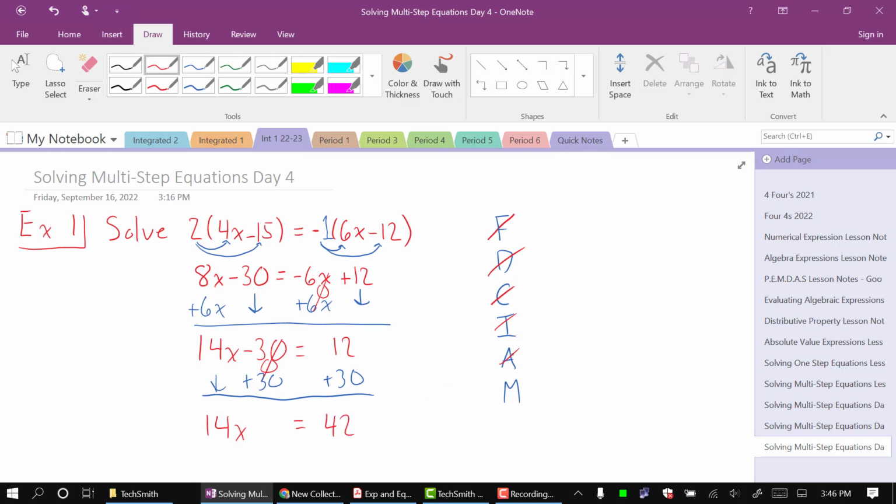So I did the isolation, I did the addition and subtraction. My last step is to undo multiplication or division. So it's multiplying the 14, so I'm going to divide both sides by the number that's multiplying. I'm going to divide by 14. So I get x equals 42 divided by 14 is 3.